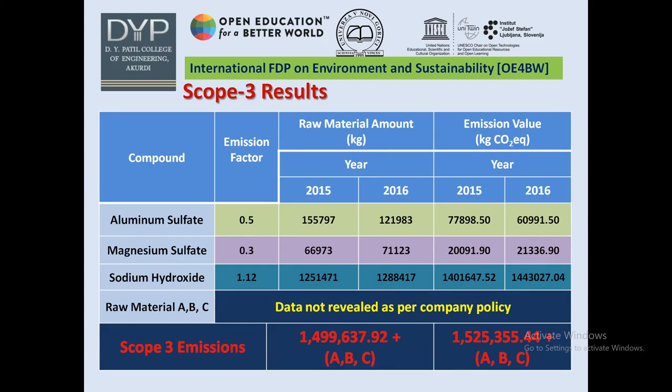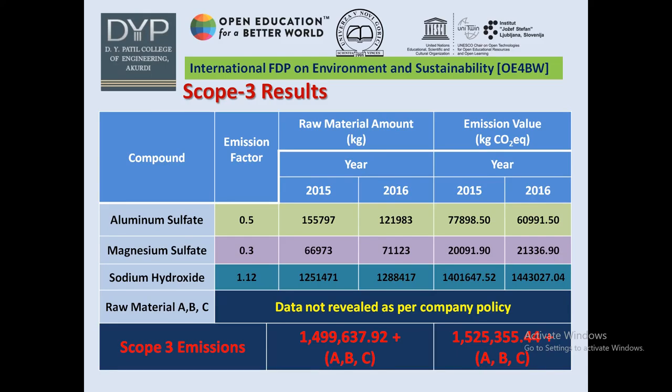Now let's come to scope 3 results. That includes aluminium sulfate, magnesium sulfate, sodium hydroxide and raw materials ABC. Here raw materials have been named as ABC as the company did not want to reveal what kind of raw materials they are actually using. This is their privacy policy. So with the given data, we have computed the emissions as given below.